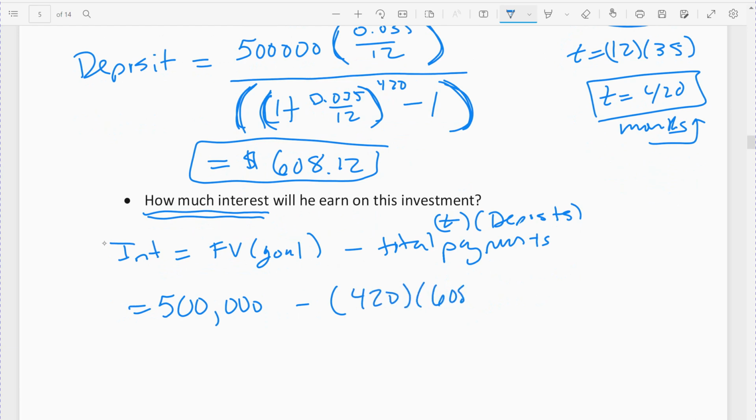The deposit was 608.12. So I'm going to figure out how much they had first before we do the subtraction. I'm going to take my 420 times my 608.12.